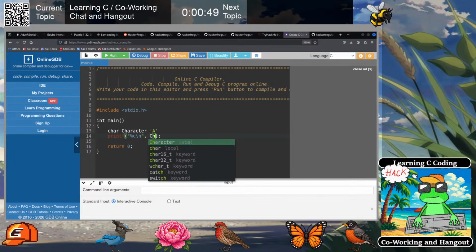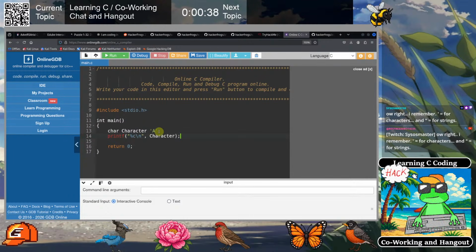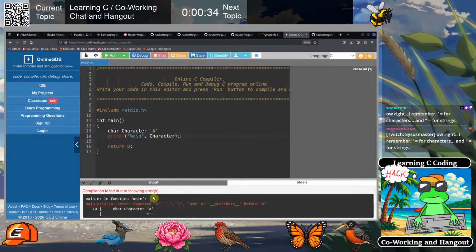And then we'll define character. Oh, okay. It's single quote for characters and double quote for strings. So if we run this, printf.